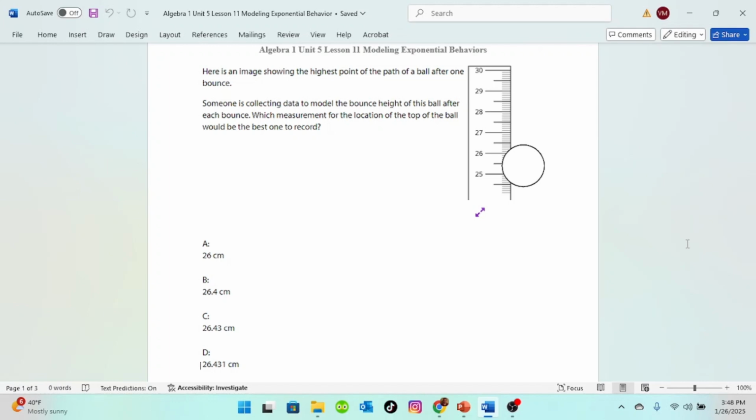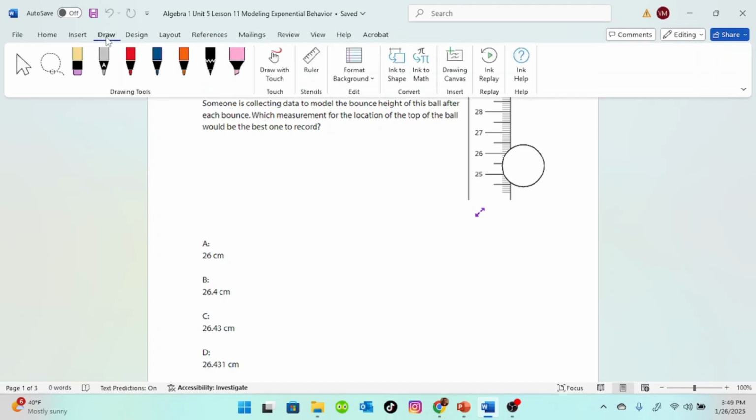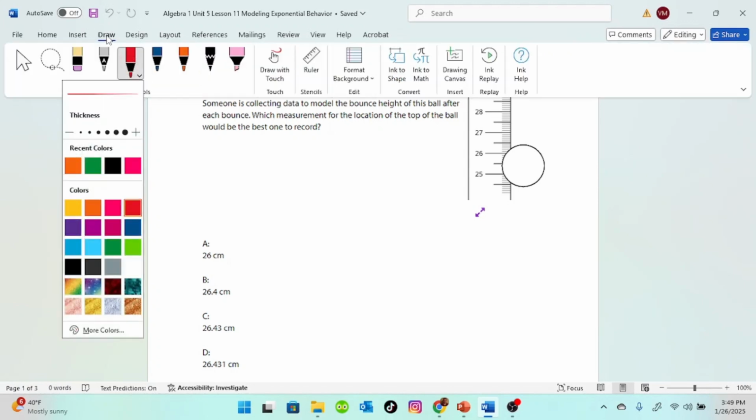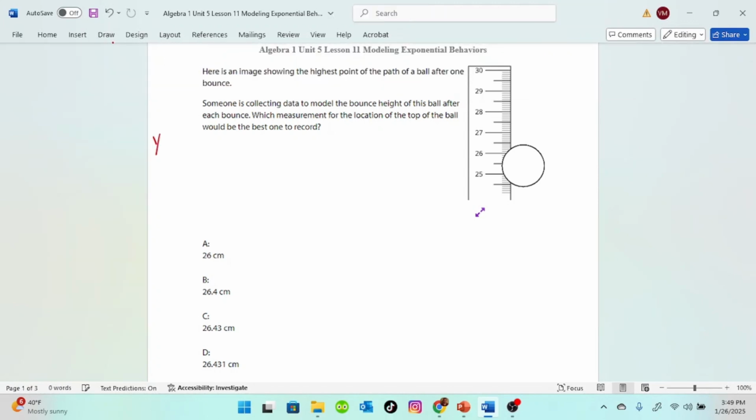So, a couple of things that you may need to know in order to solve this. First, you can estimate one measurement beyond what is marked.